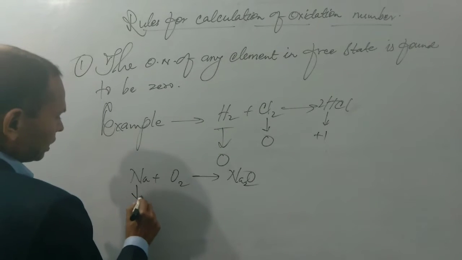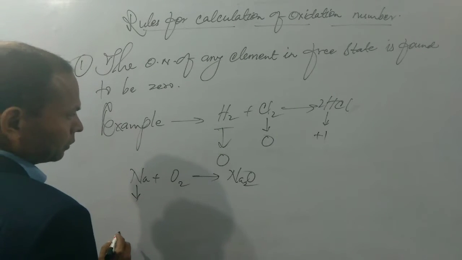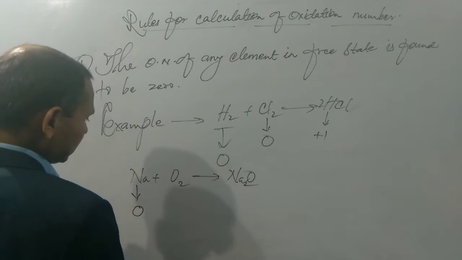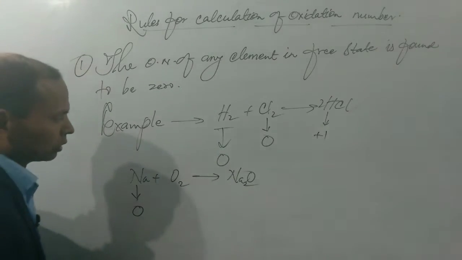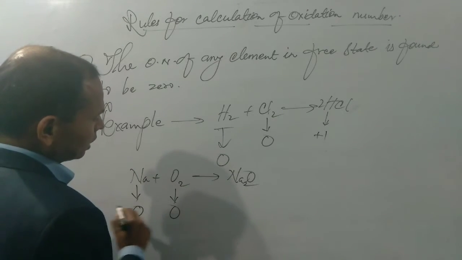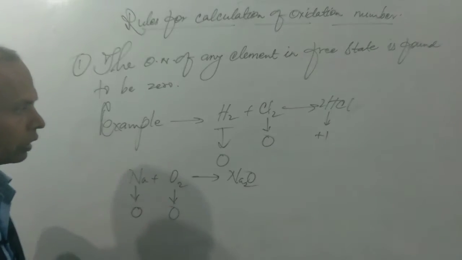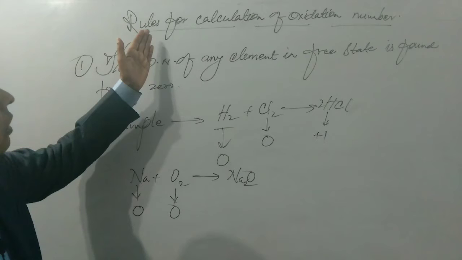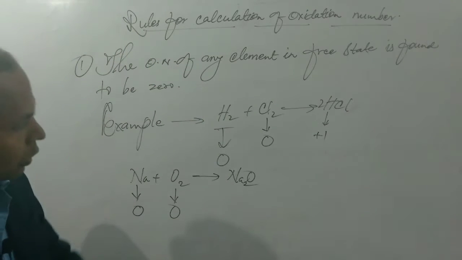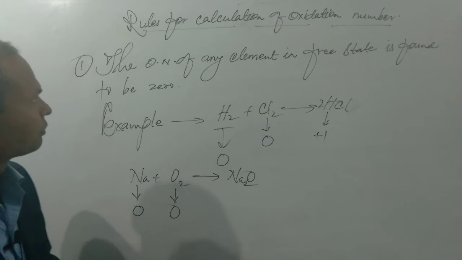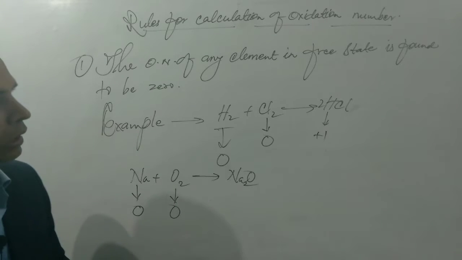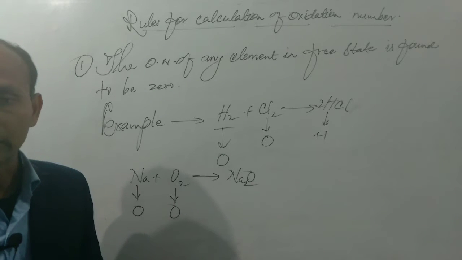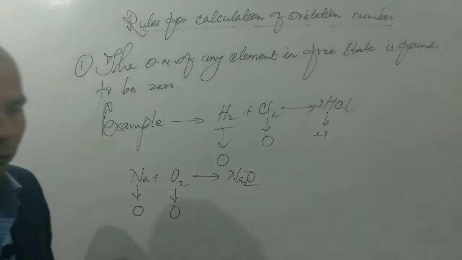Sodium is in the form of free state, so the oxidation state of sodium is found to be 0. Similarly, the oxidation state of oxygen is found to be 0. This is one of the rules which indicates the oxidation number of any element. So, the first rule tells us the oxidation state of any element in free state is found to be 0.